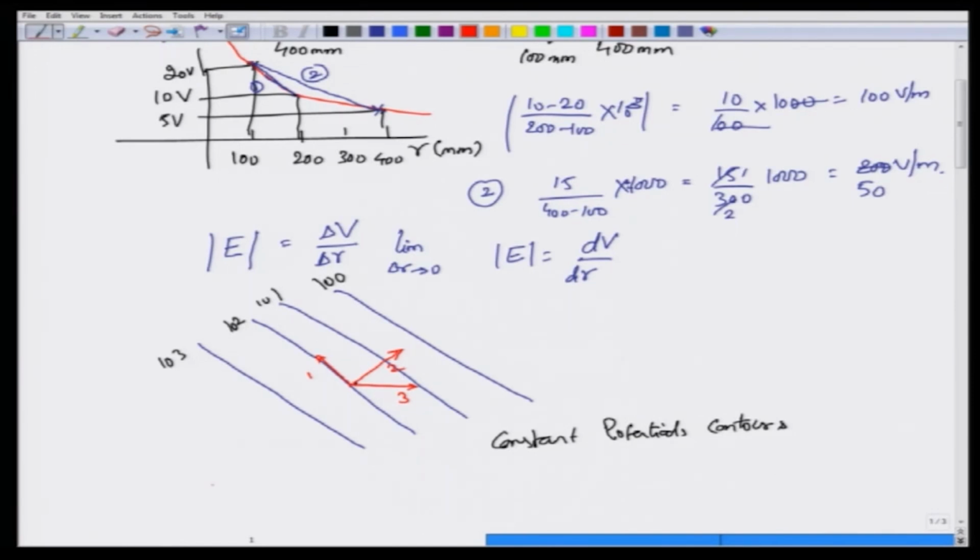But very interestingly, the slope will actually be maximum as you go along line 2, right. If you take a short distance between these two lines, the potential has changed by 1 volt. So, the electric field will be directed along this line 2, with a value of 1 volt per meter.